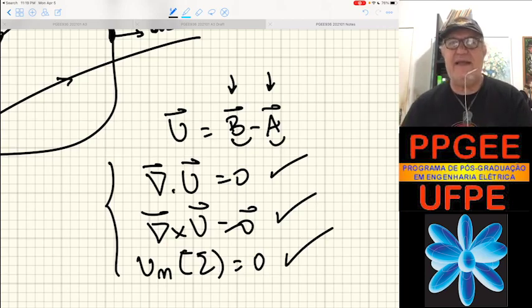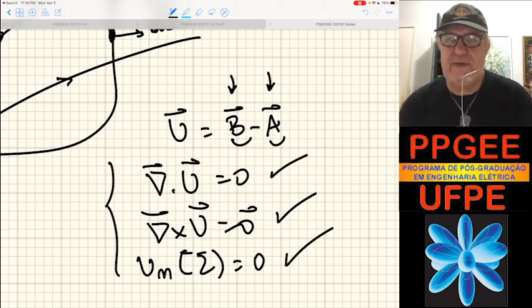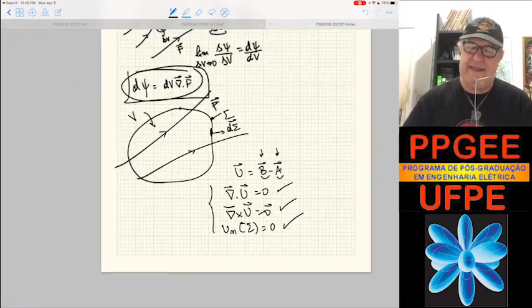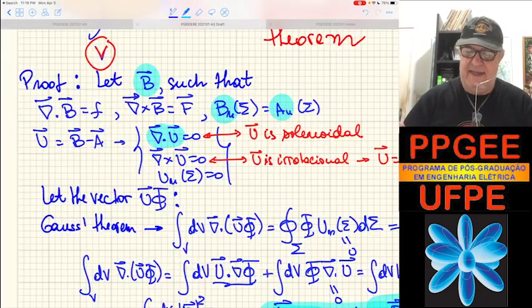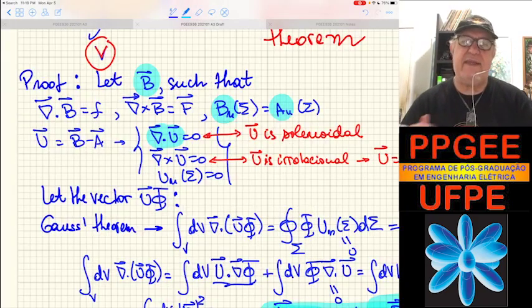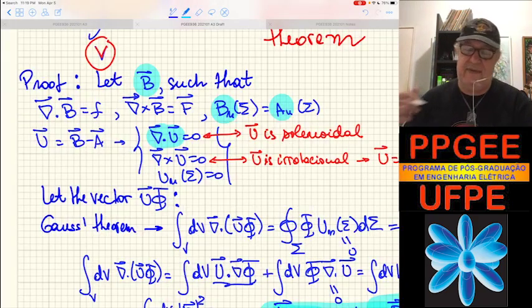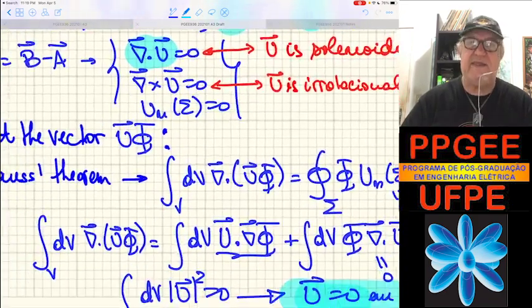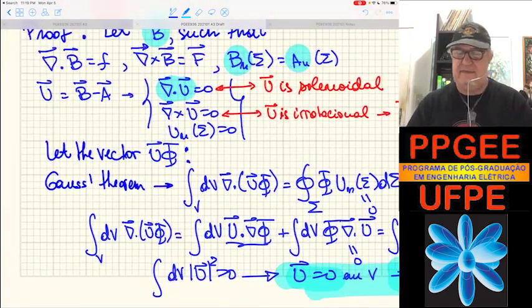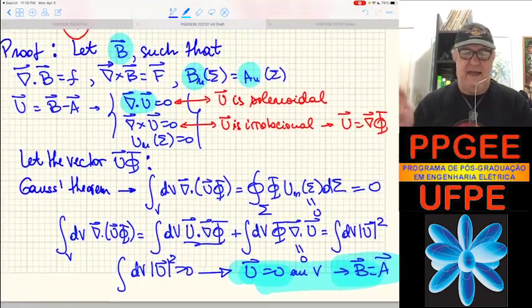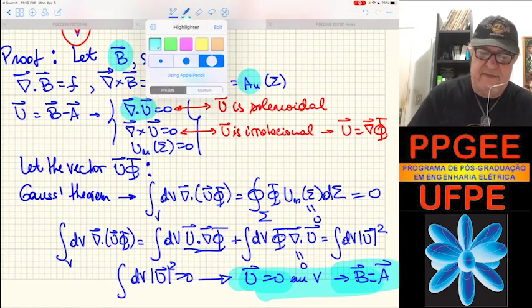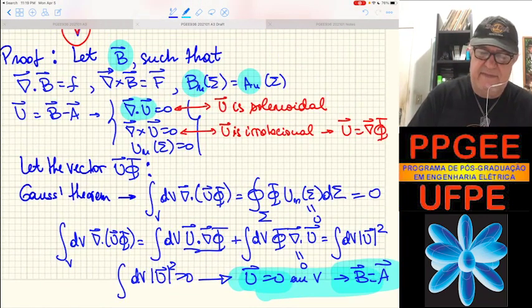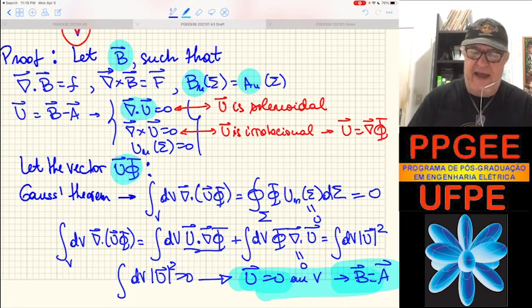So this vector has everything to be 0, right? So let's prove it. It could be a constant, but a constant would not be 0. So it's almost proven, right? Just to show you how to prove that it's 0 everywhere, we build the vector U times phi.